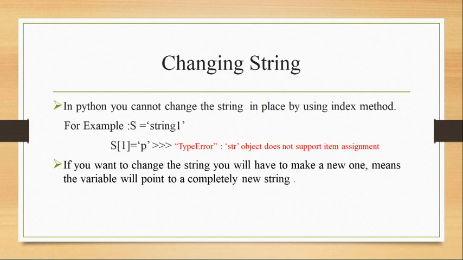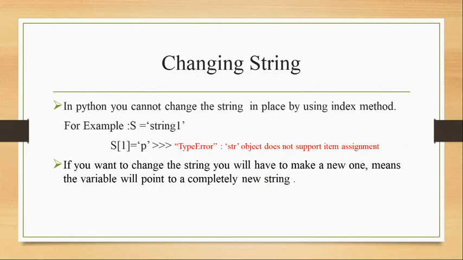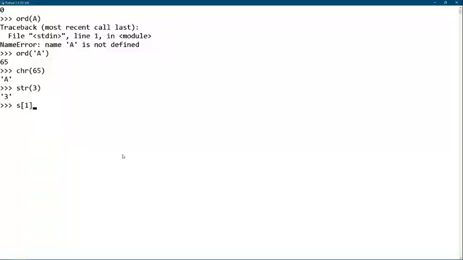Let us learn something about how to change the string. In Python, we cannot change a string in place by using the index method. See, if I try to change, in place of s, if I try to change it to p, this is my string.